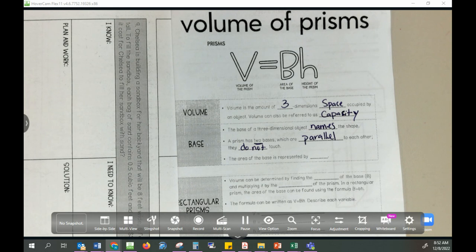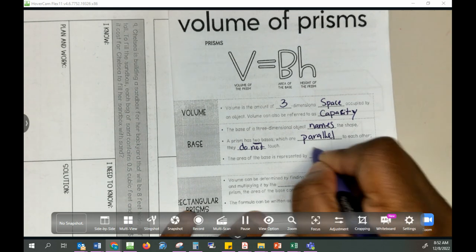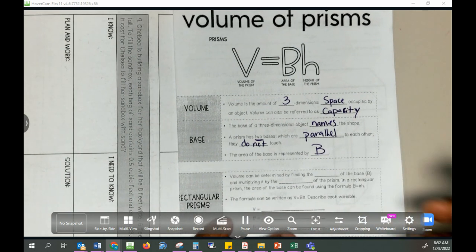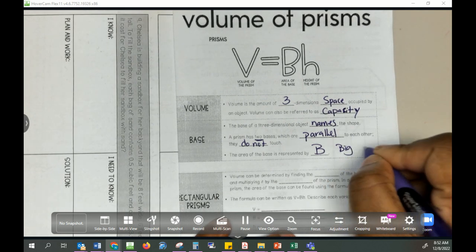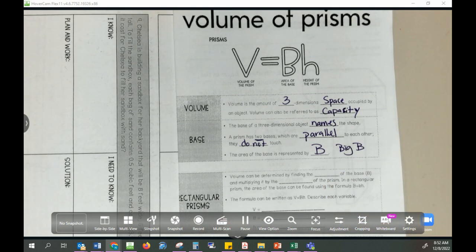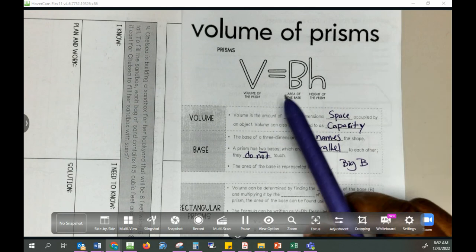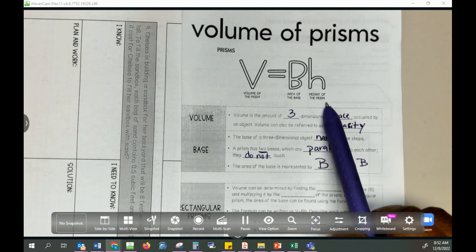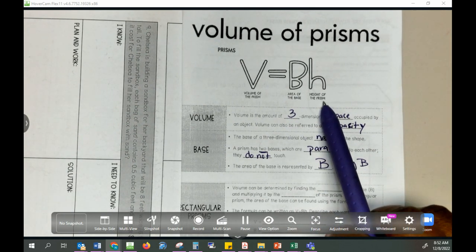The area of the base is represented by capital B, also known as big B. And so sometimes you hear people say big B is area of the base. I don't know if you guys learned that in elementary, but big B is area of the base. And so if you always think about that, big B is area of the base, that explains why volume is big B times the height of the prism.